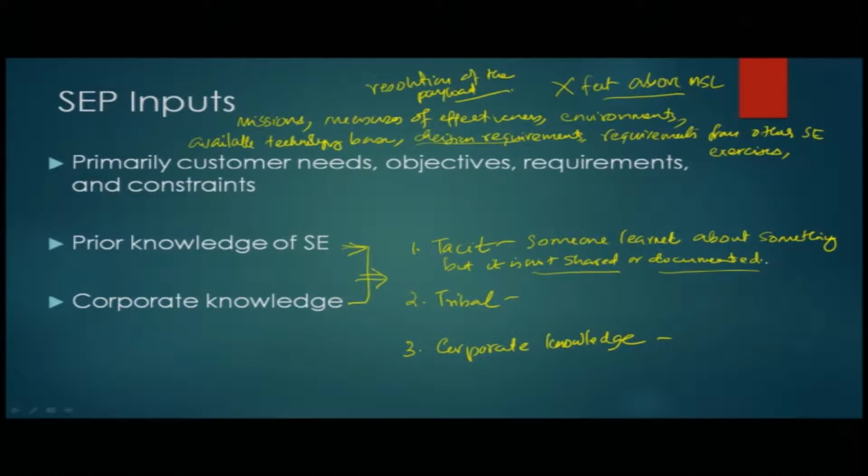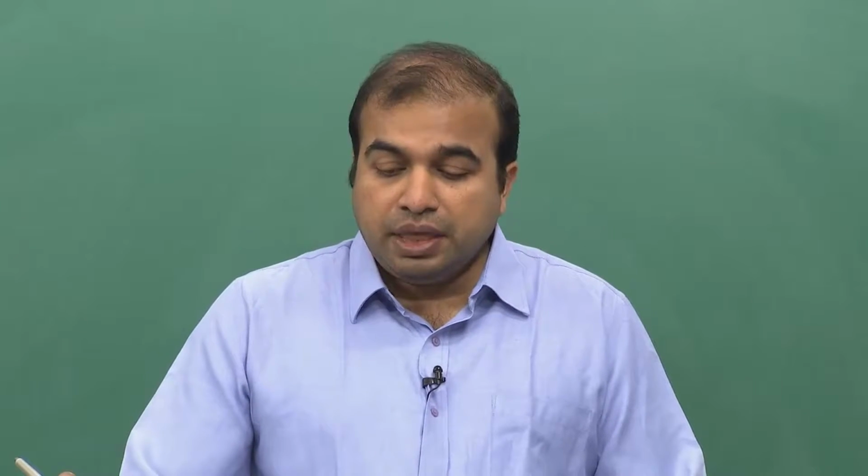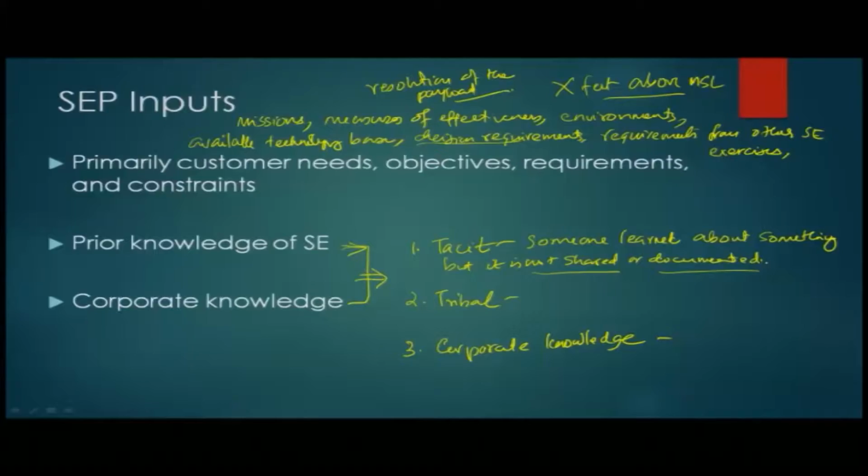So tacit is usually with an individual person. If you go to a factory and you see a machine and you talk to the guy who is operating the machine, he will obviously have quite a lot of tacit knowledge, because he has been operating this machine on a daily basis, and he understands what are some of the things that need to be done and how the performance of the machine can be better. That is usually called tacit knowledge, but it is never written anywhere in the manual, and sometimes the supervisor might not even know about it. So that type of knowledge is called tacit knowledge.